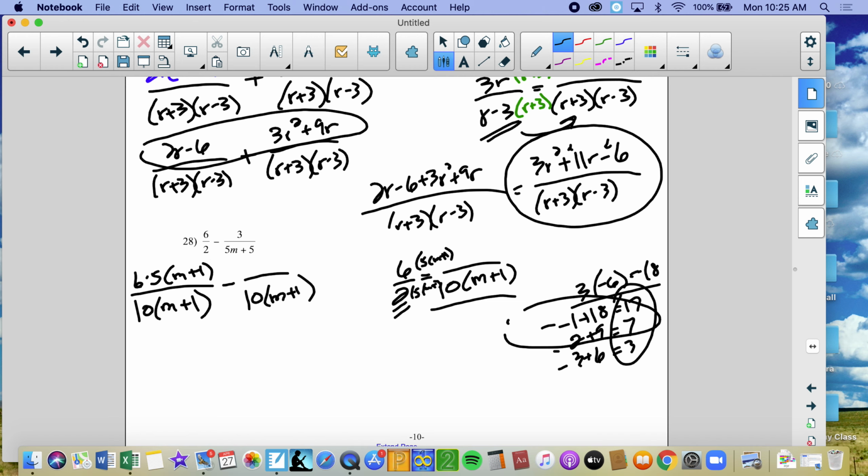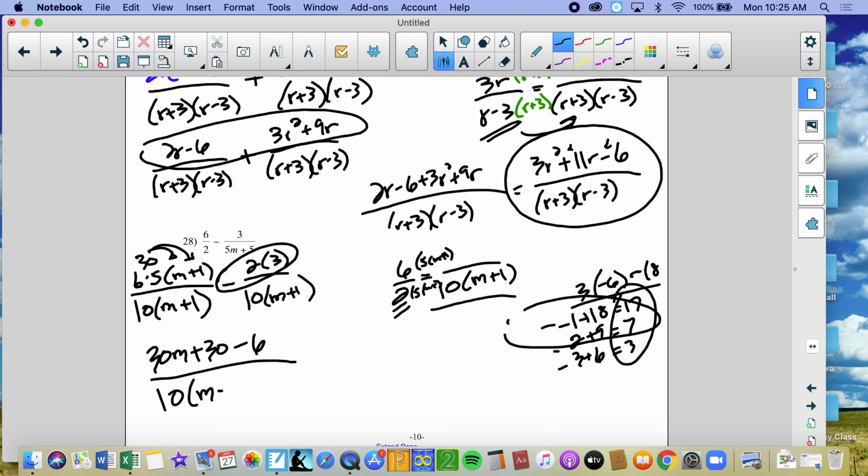What's this missing that this has? Well, that's a 2. So I'm going to multiply 2 times whatever is left in the numerator. So that is 30. So we get 30m plus 30. We're just distributing it. Minus 6 over 10 times the quantity m plus 1.